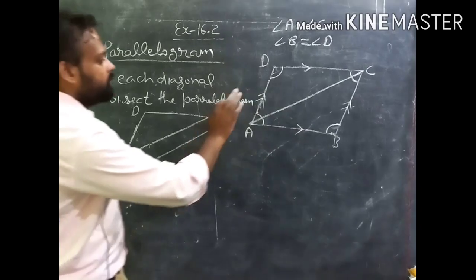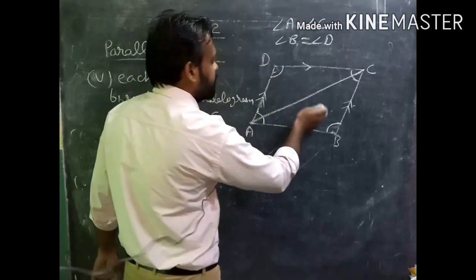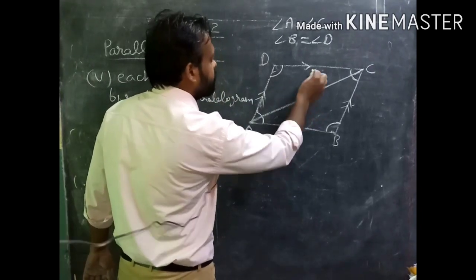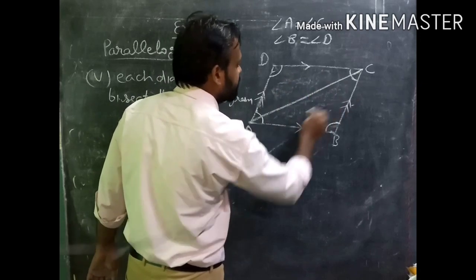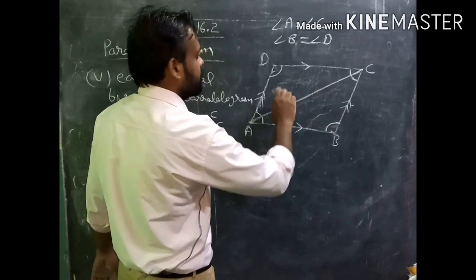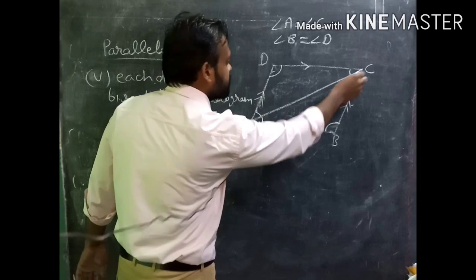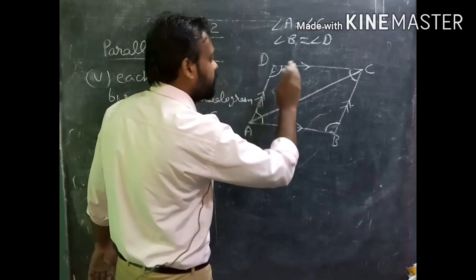So it means this diagonal AC is dividing this parallelogram into two equal parts. So basically it is bisecting this parallelogram. Bisecting means it is dividing this parallelogram into two equal parts.